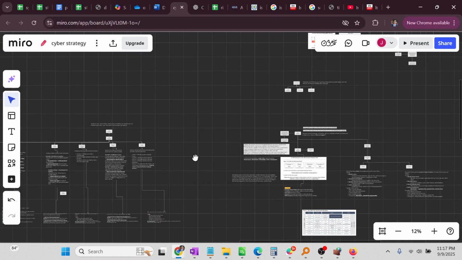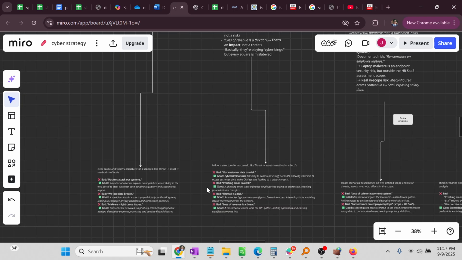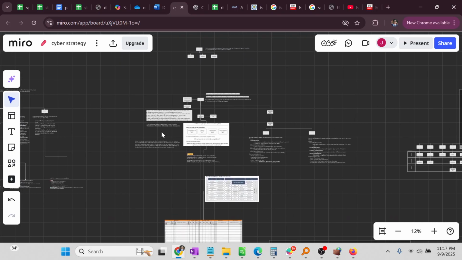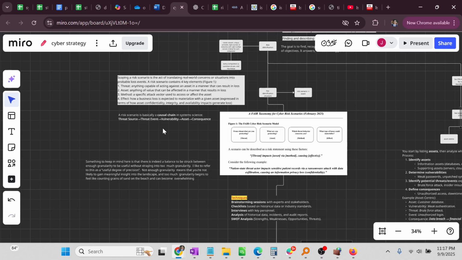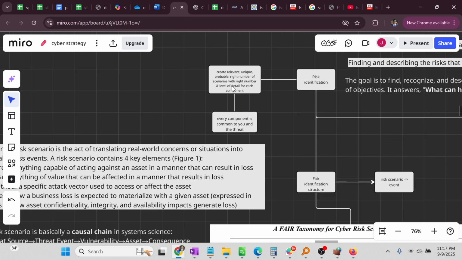All the scenarios that I have listed here, most of them follow the same structure. Sometimes you don't have a cyber criminal, but that's okay, or maybe a threat actor. But generally, that's how the structure is. It creates very detailed and relevant scenarios that are useful. It's not just about relevant scenarios. Remember, it's about relevant, unique, probable, and the right number of scenarios.